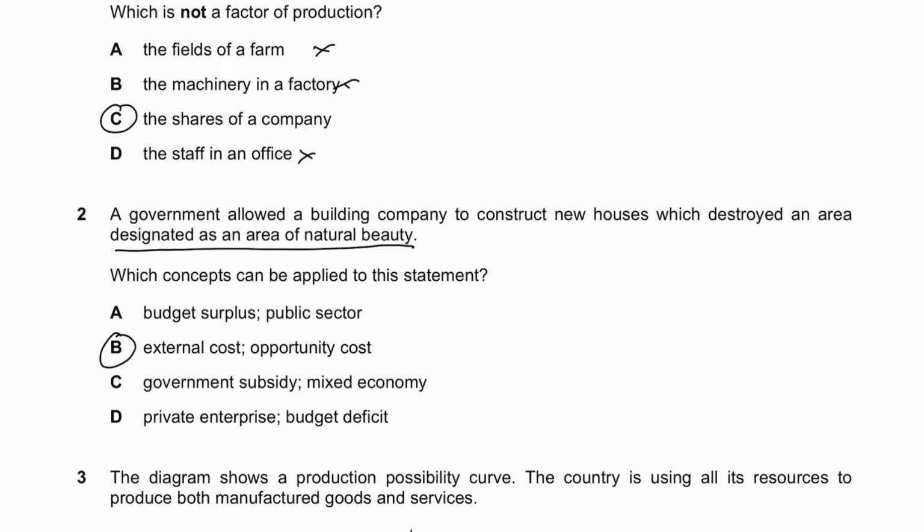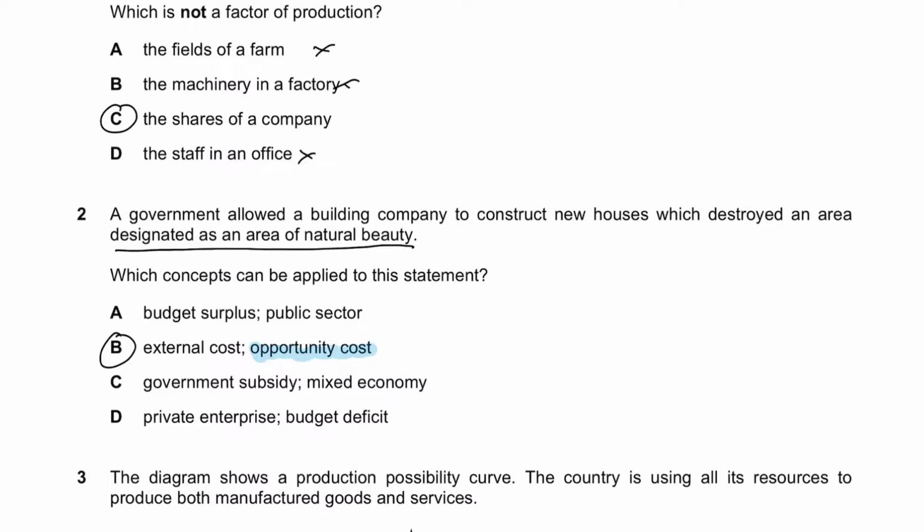Yes, it also has opportunity cost in it, because the government could have, instead of allowing the building company to construct new houses, constructed something else. So there is an opportunity cost in terms of the houses that have been built, because something else could also have been built apart from houses.